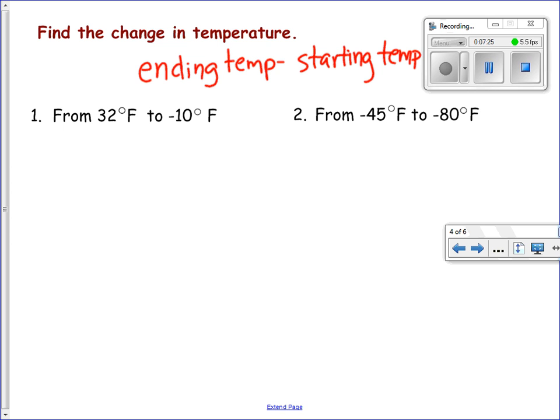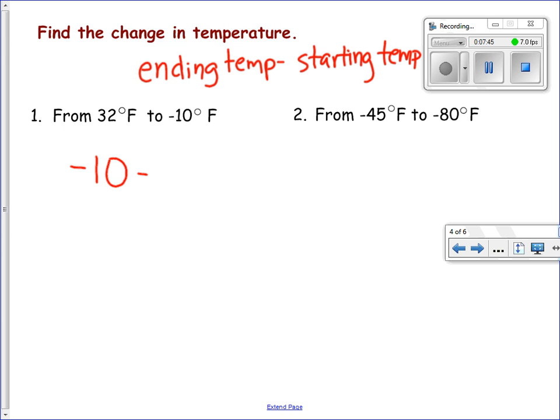So in number 1, from 32 degrees Fahrenheit to negative 10 degrees Fahrenheit, we take the ending temperature, negative 10, and subtract the starting temperature. Ending temperature, subtract the starting temperature.